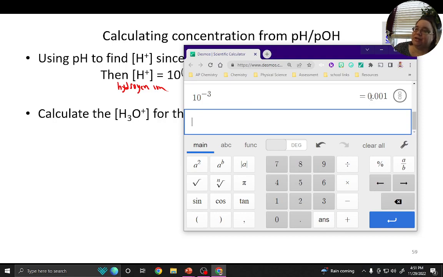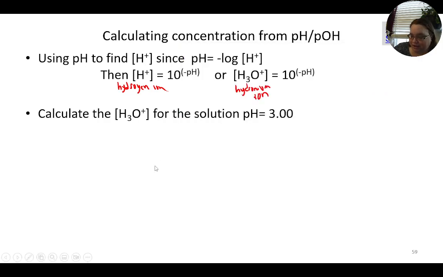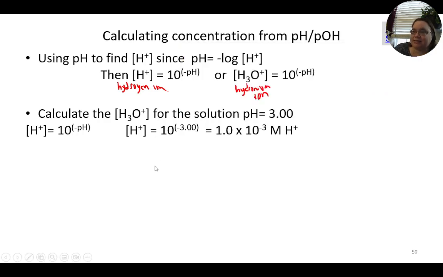So my answer is 0.001 molar, because brackets mean concentration. That is the concentration of hydrogen ions in that solution. So remember, this big M is telling me molarity. That H plus is telling me what ions I'm playing with.